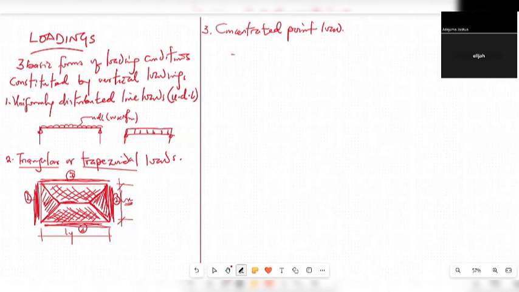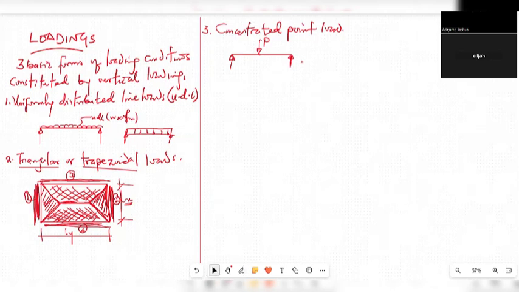You may have a beam, for example, if this is the free body diagram, and then you have a concentrated point load right at the middle, like this. So this is a concentrated point load.